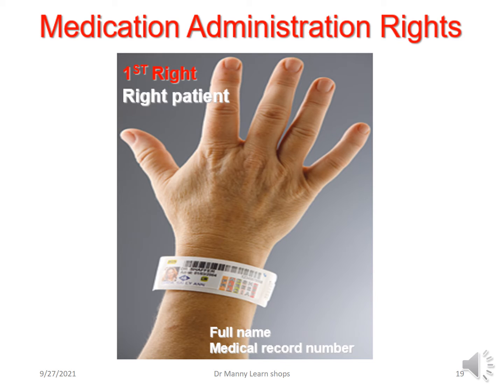The first medication right is the right patient. Identify the right patient. And we identify the right patient with full name and medical record number. And this is still one of the biggest medical errors globally, identifying the patient correctly. Full name, medical record number.